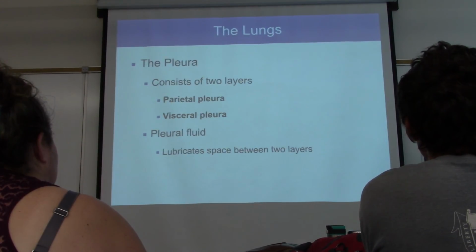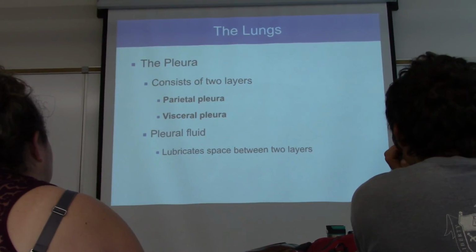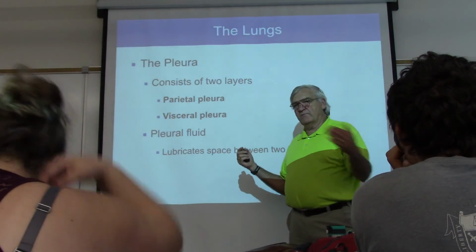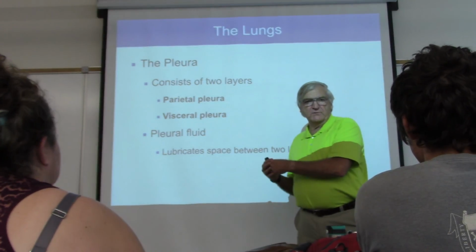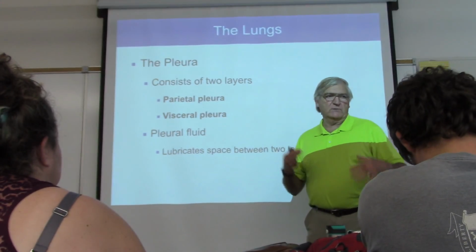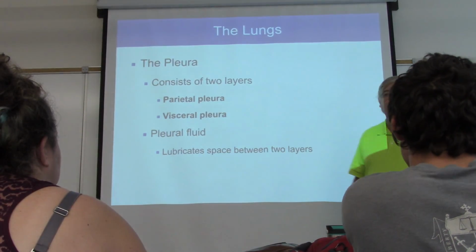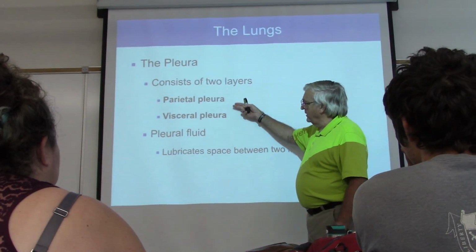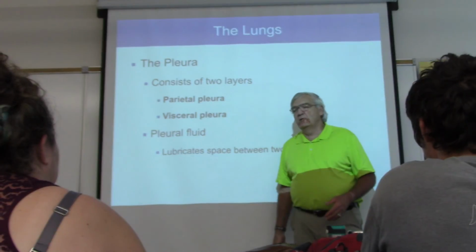Let me just say one point right here. That obviously, if you get a hole in your pleura, and usually the hole is from the lung, so that air gets out into the pleural space and causes your lung gradually to collapse, that's called a pneumothorax. Okay? Now, between these two layers here, between the parietal pleura and the visceral pleura, you can also collect a bunch of other stuff.